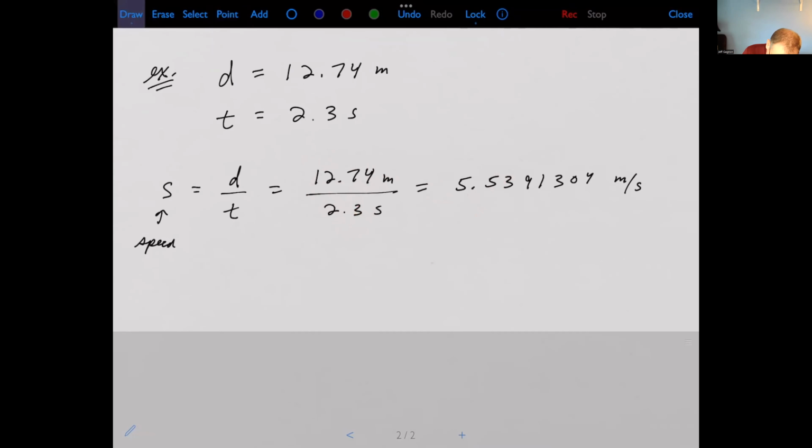So the way you should write this is 5 point, and we use the usual rules for rounding, right? If I look to the right of the 5 here, it's a 3, which is less than 5, so I just keep that as a 5, and everything else drops off. So it'd be 5.5 meters per second. That would be the correct answer. So in this case, the answer has 2 significant figures.